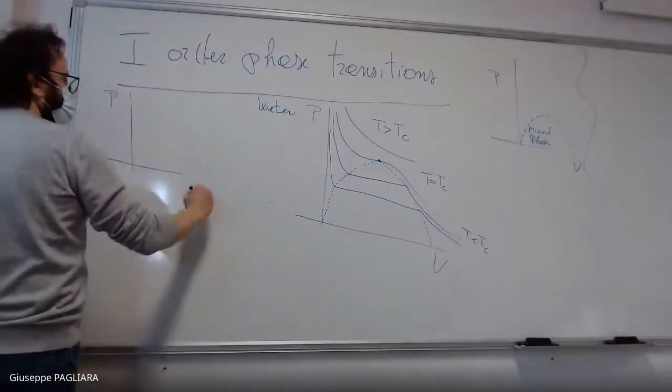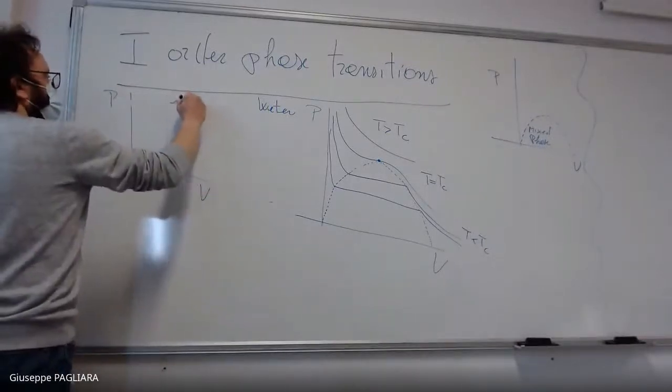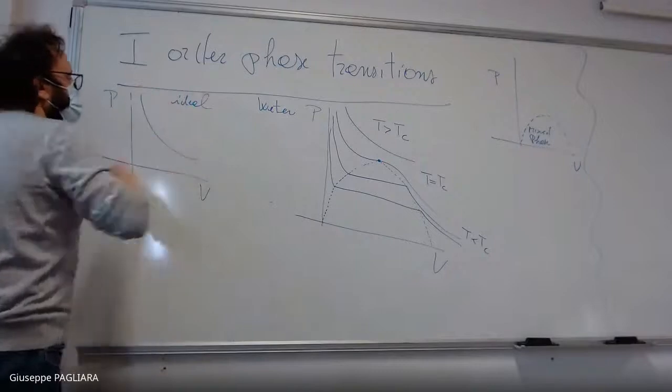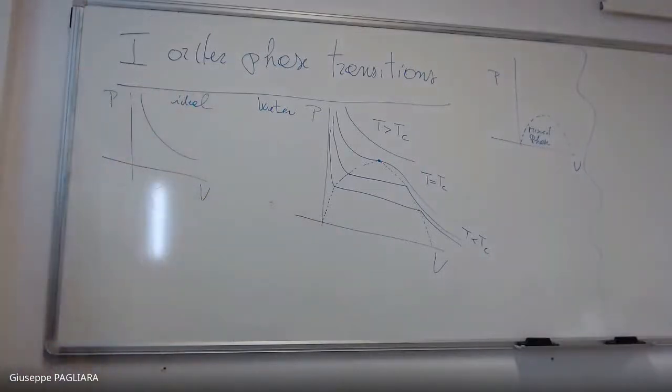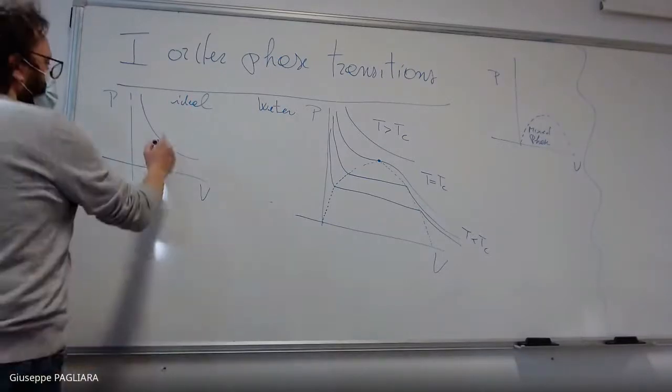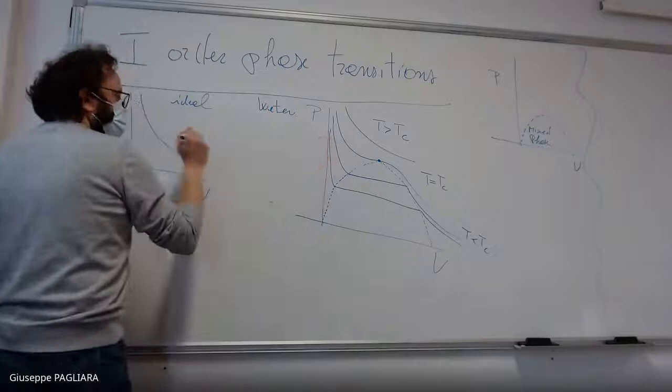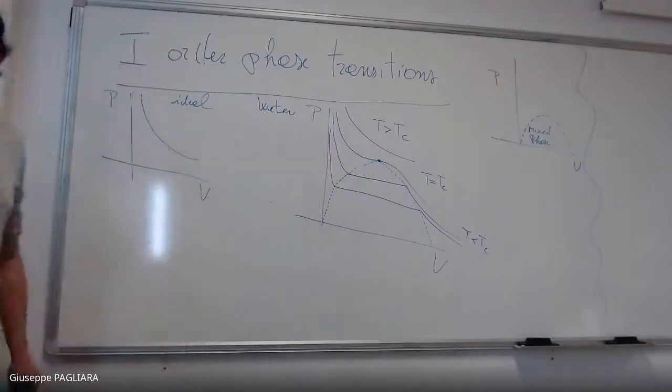PV for ideal, just a hyperbola, no? Because it's PV equal to k_B N T. So there is something here that the ideal gas is not able to describe, of course.